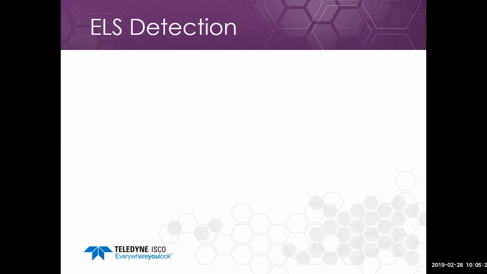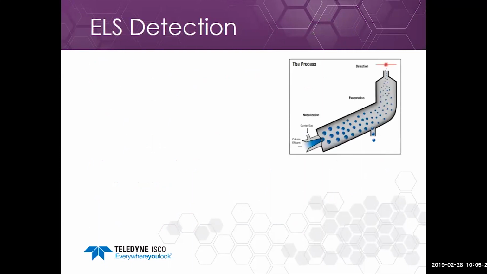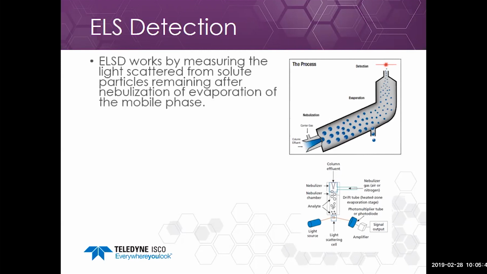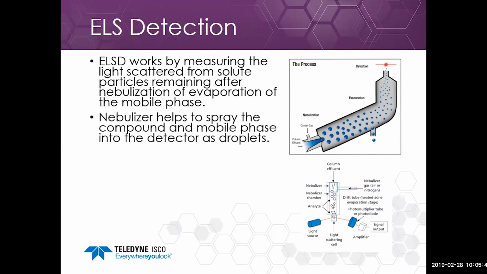The ELS detection, here's a discussion of how it works. We've got 2 diagrams on the side to visualize the process. You have your column eluent coming in through the nebulizer with a carrier gas to help form the droplets. The nebulizer helps spray the compound in the mobile phase into droplets.